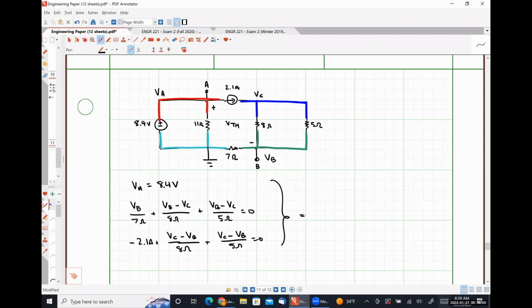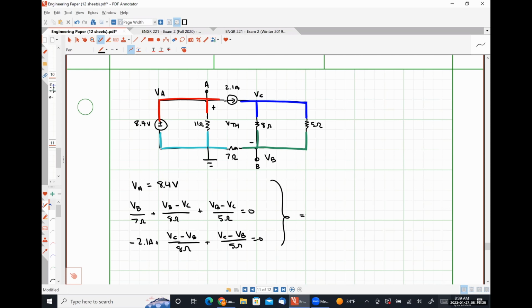My coefficient for VA, I am that lazy that I'm writing VA in my 3x3 system, just for you guys. My coefficient for VB is -1/8 minus 1/5. My coefficient for VC is +1/8 plus 1/5. Constant term is 2.1.